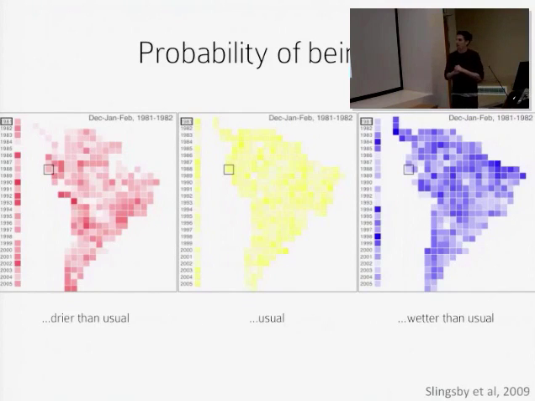Here we're looking at climate data, I think from a long time ago, 1981 to 1982, in South America. There's lots of data forecasting whether for 1981 or 1982 the weather is wetter or drier than usual.